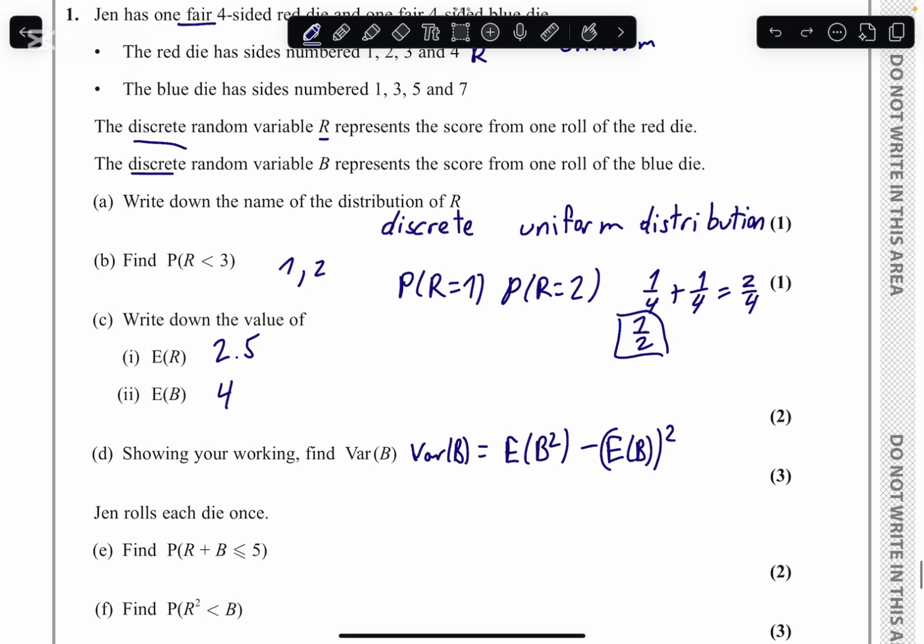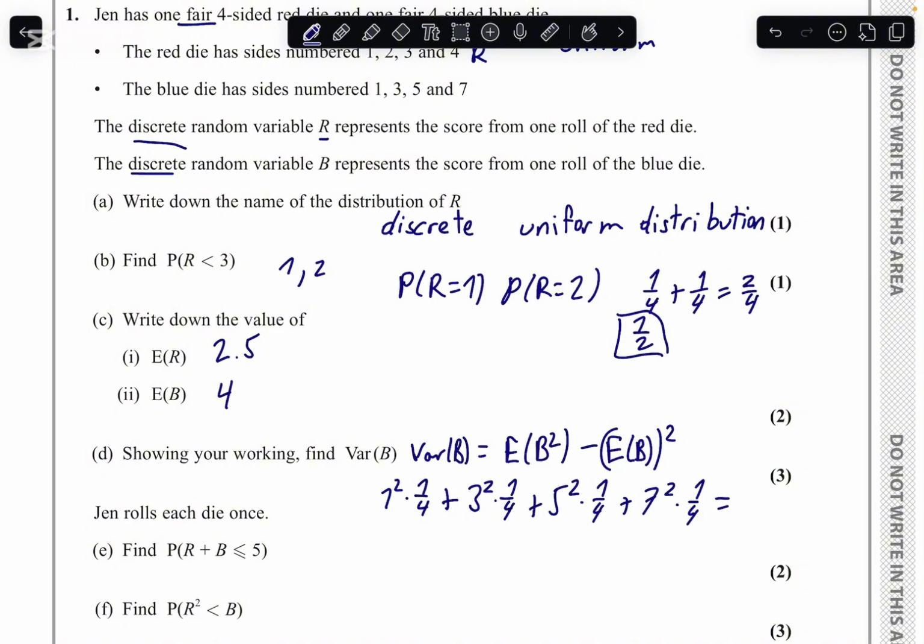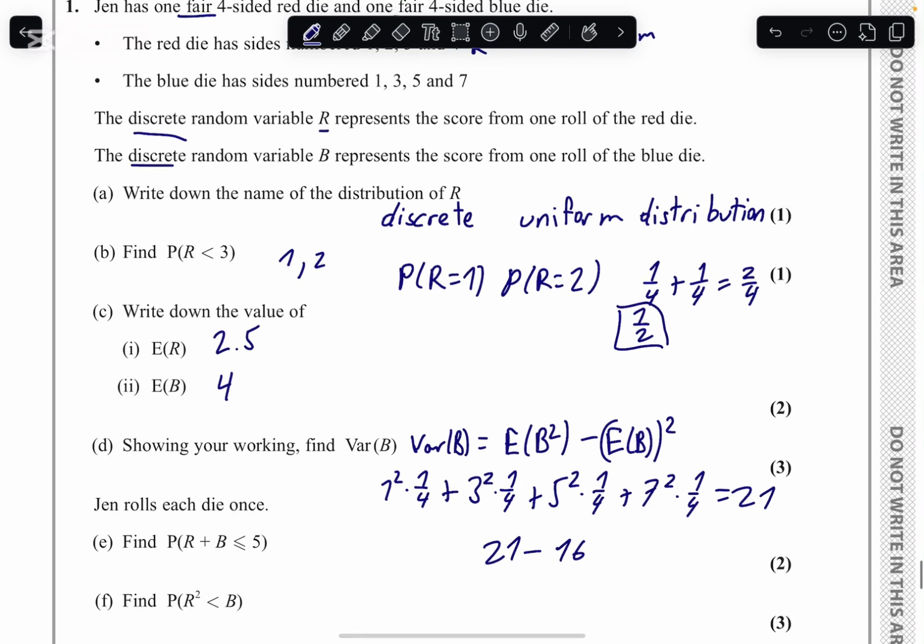In this case it would be 1 squared times 1/4 plus 3 squared times 1/4 plus 5 squared times 1/4 plus 7 squared times 1/4. This gives us an answer of 21. So we do 21 minus 4 squared, which is 16, and we get that the variance of B is equal to 5.